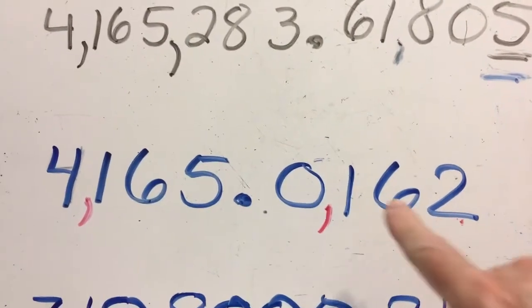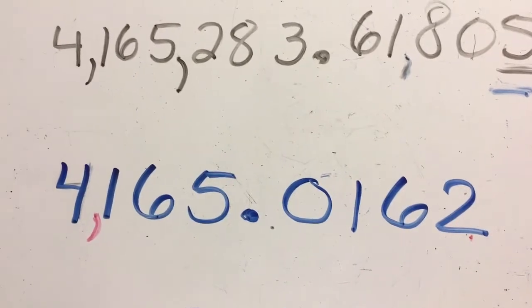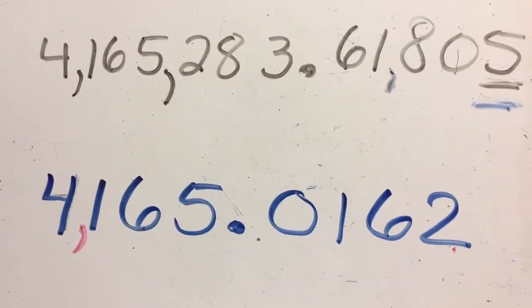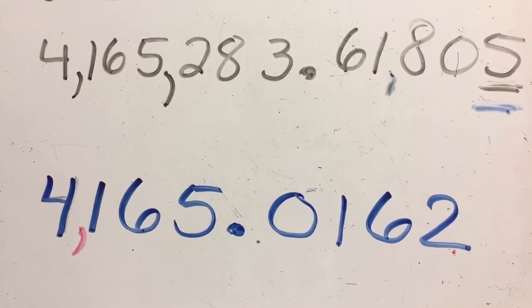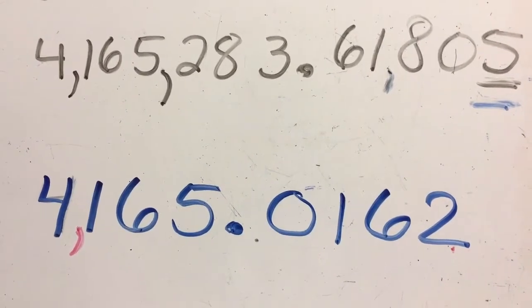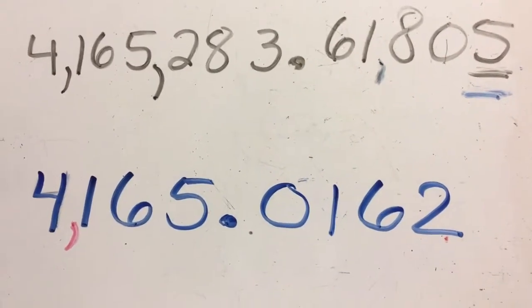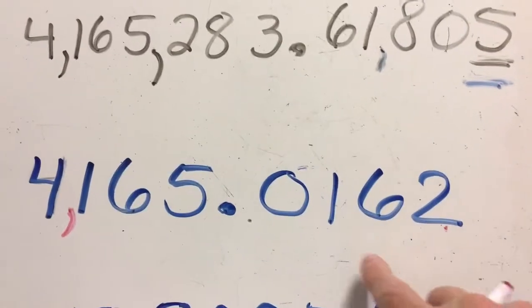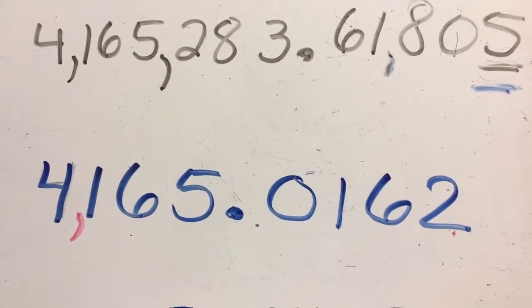I personally think that this comma is a little confusing, so I probably would not use that. I think it may help you in reading it, but we don't see numbers left with commas there. If you can understand that this comma you're putting here is just a reading tool, that's fine.